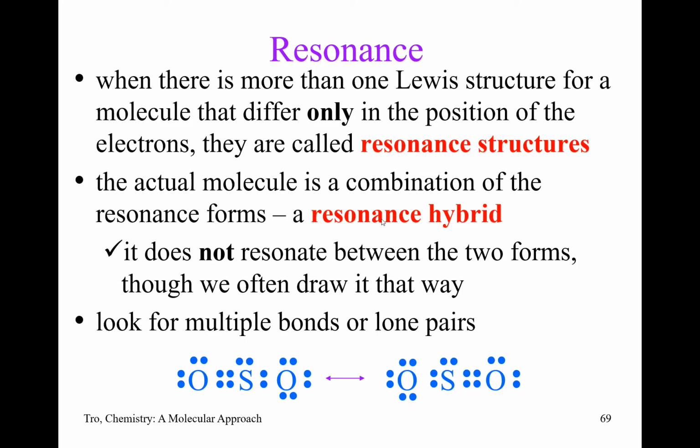So when can resonance occur? Well, you have to have at least a double bond and you have to have lone pairs, because otherwise you wouldn't be able to draw it. So if we look at this one over here, the way you would get to the one on the right is if you took 2 of these electrons out of the double bond and put them down here as the lone pair.